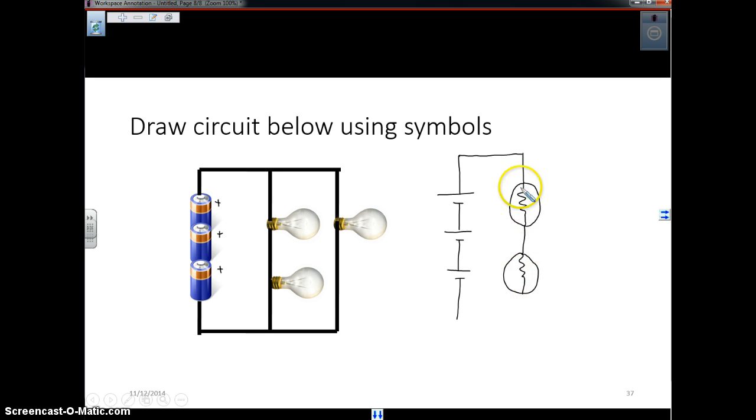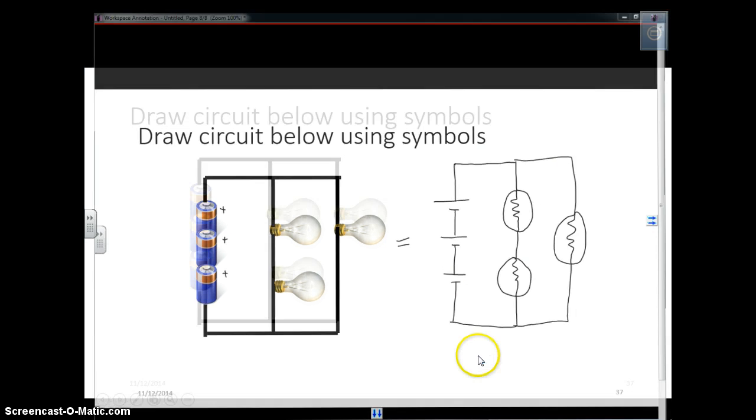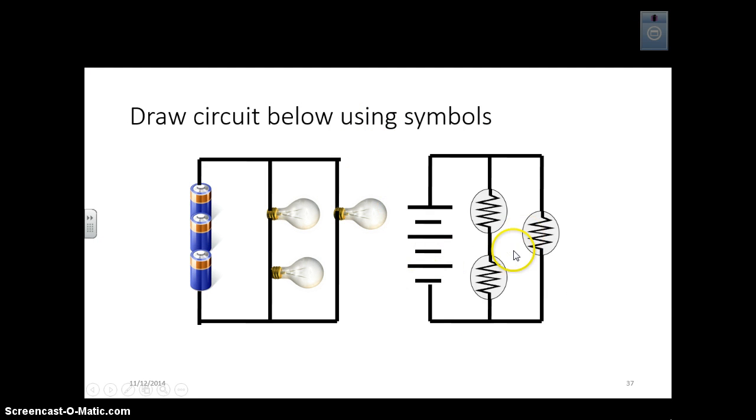Notice that the squiggles go in line with the wire. And this one, squiggle, like that. Ta-da! It's not pretty, but it is exactly what it's showing. 3 batteries, 3 light bulbs, and it's showing the wire connections of our circuit. And there you have it. Now notice that I didn't put the lines in between. That's totally fine too. I actually prefer the lines in between, a line here and a line here, but this is fine too.